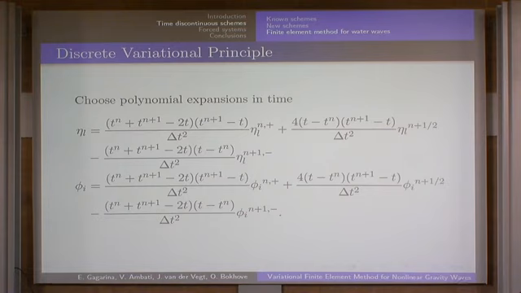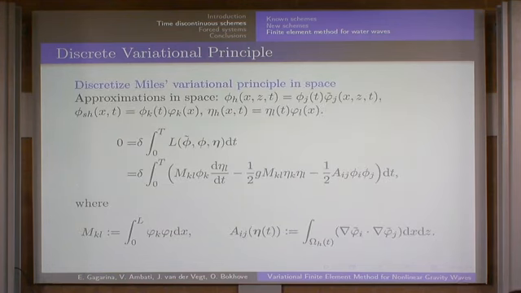So for our free surface and velocity potential, we already know the approximation. So I just write down the explicit form of the quadratic expansions. So it is quadratic basis functions via 3 points. We see that if time is equal to Tn, then the only term which survives is this one, and so forth. With this explicit approximation, we can actually calculate the first integral.